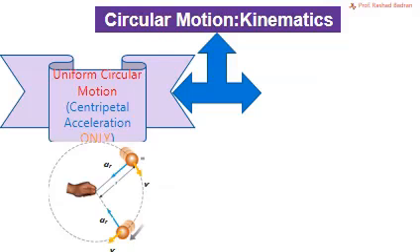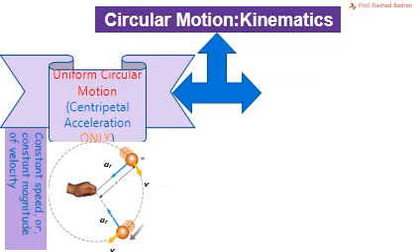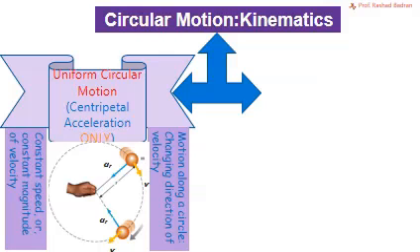The change in the velocity vector is due to the change in the direction of this vector, while the magnitude of the velocity vector is constant all the way during the motion. So in this motion, we have a constant speed, that is constant magnitude of velocity, while the direction is changing.